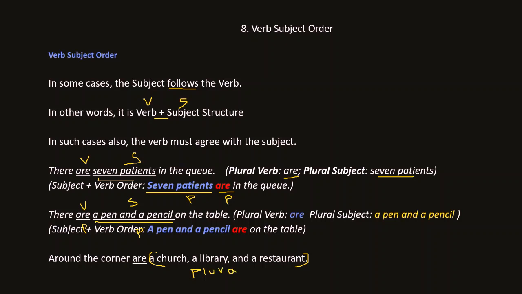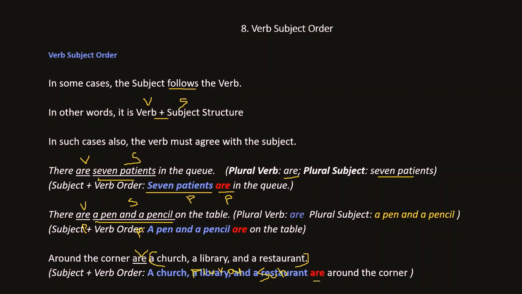When you reverse the order, when you make it subject plus verb order, then this sentence reads like this: a church, a library, and a restaurant are around the corner. Whenever you are in confusion because of the reverse order, that is verb plus subject, just reverse the order, make it subject plus verb, and read the sentence.